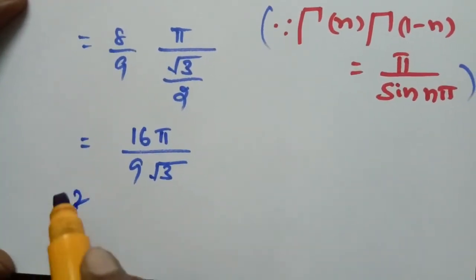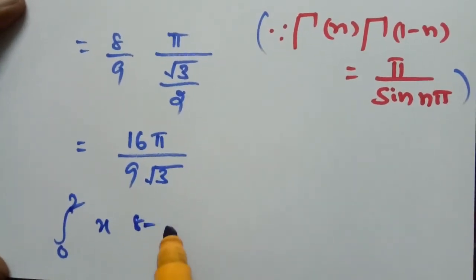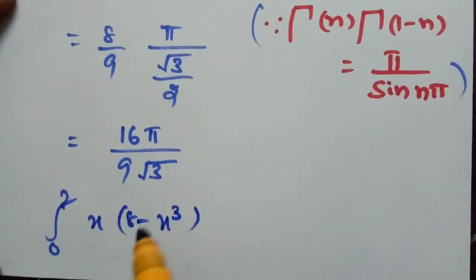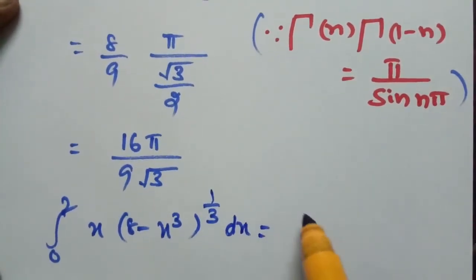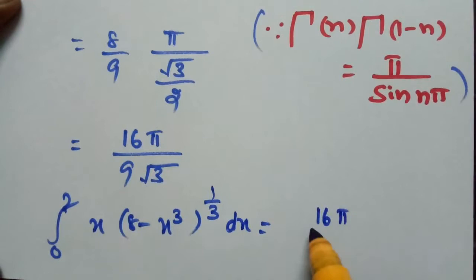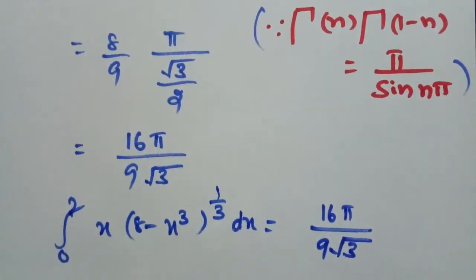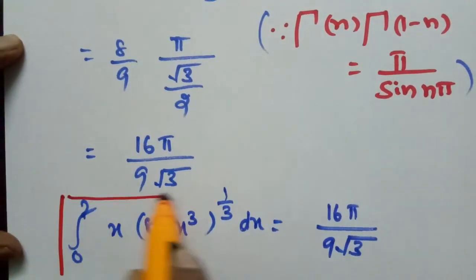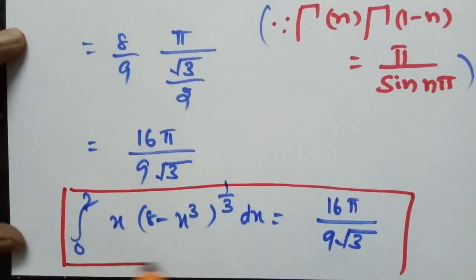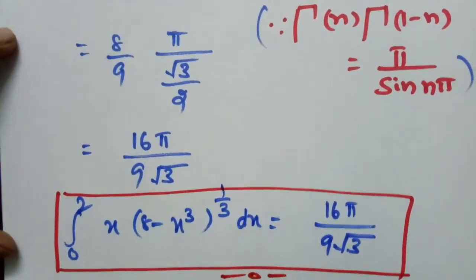Integral 0 to 2 x into (8 minus x cube) whole to the power of 1 by 3 into dx is equal to 16 pi by 9 root 3. Therefore, this is our required integration value.